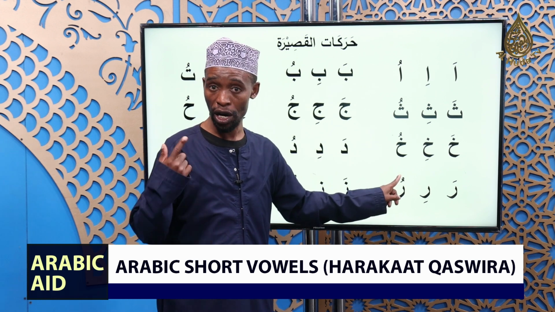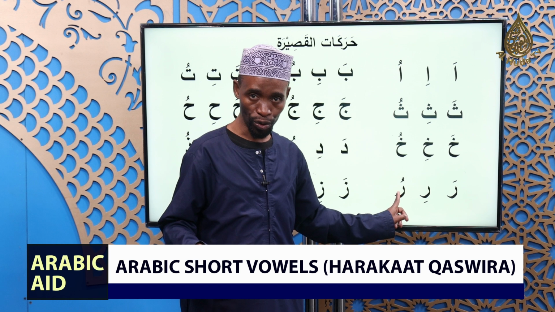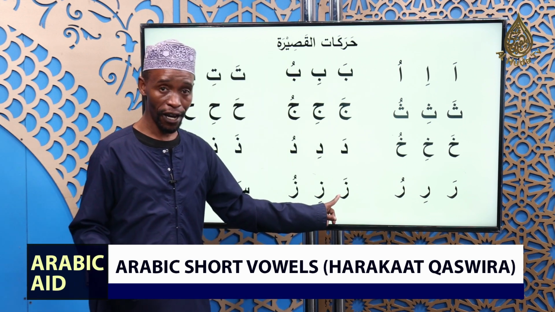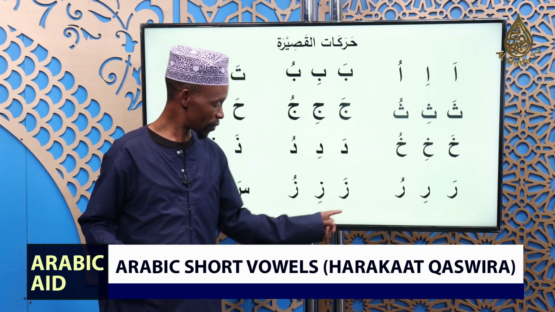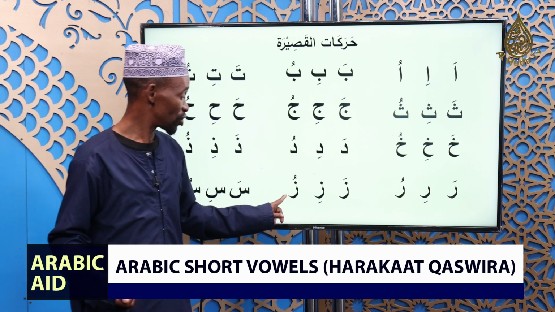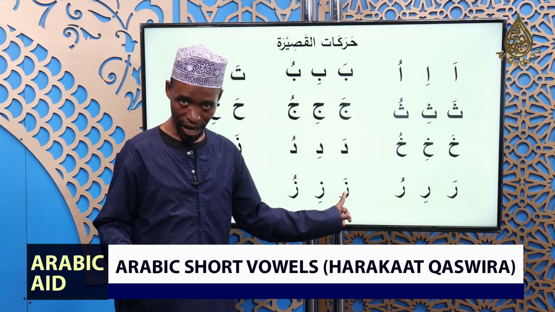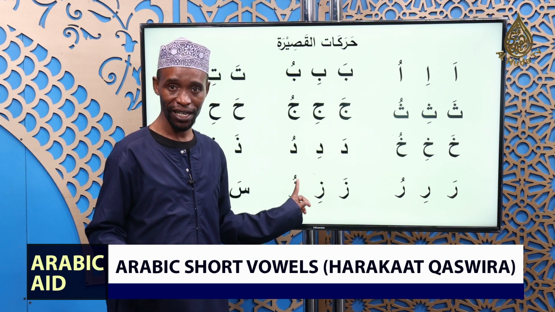Ra, dhamma, Ru. Ra, Ri, Ru. Za, fatha, Za. Za, kasra, Zi. Za, dhamma, Zu. Za, Zi, Zu.